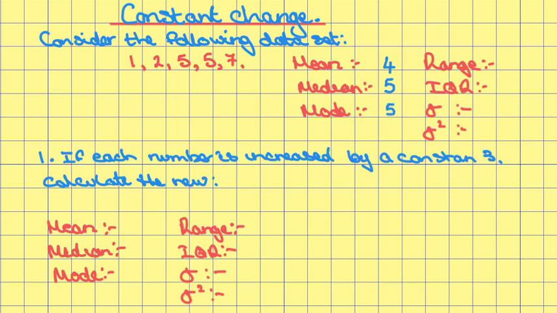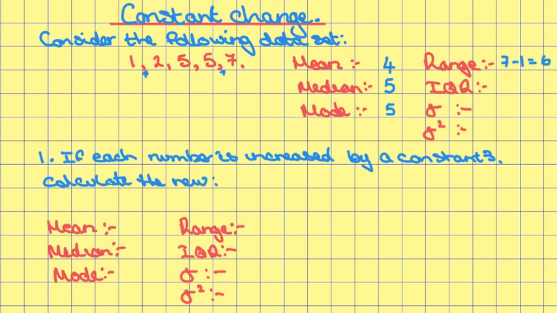The range, well, the largest value is 7, subtract the smallest value, which is 1. So that gives a range of 6. The interquartile range, well, Q1 is halfway between 1 and 2, which is 1.5.